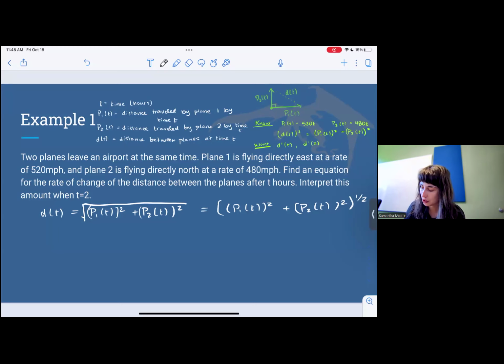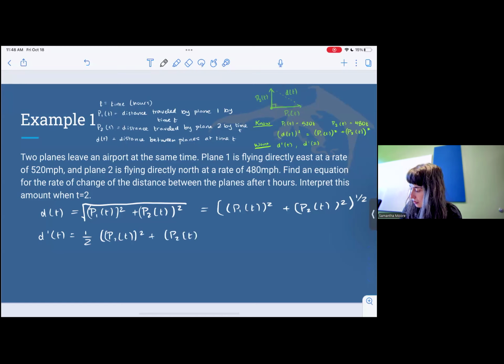So based on this, in general, d prime of t is going to be 1/2 times, plug in my inside function again, so p1 of t squared plus p2 of t squared to the minus 1/2. As far as the chain rule goes, that's my derivative of the outside with the inside function plugged in.